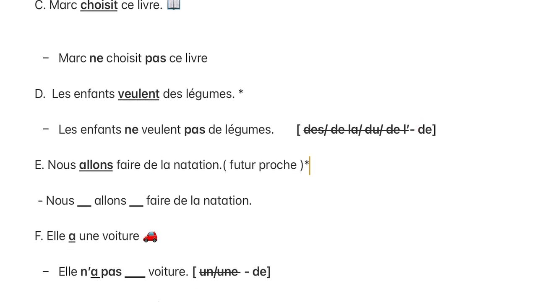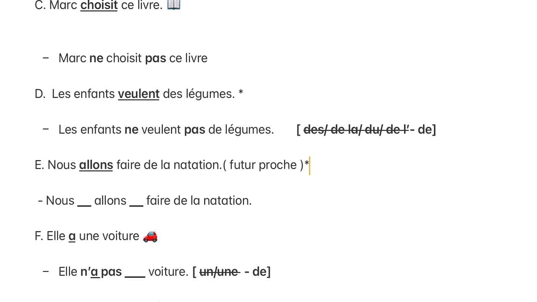Moving on to the next sentence. Nous allons faire de la natation. We are going to do swimming. If you observe, this sentence uses the near future tense, that is, le futur proche. So we can see the presence of two verbs in this sentence.